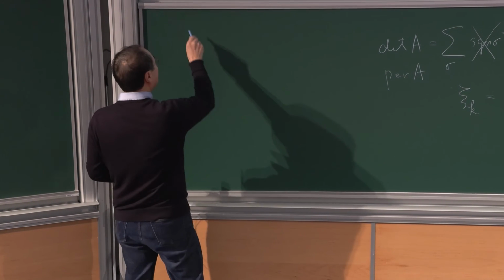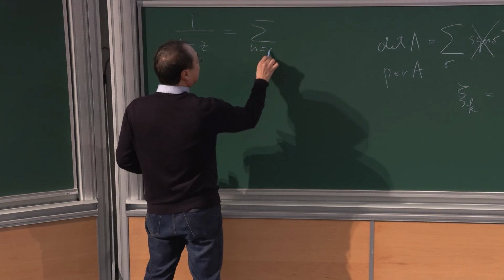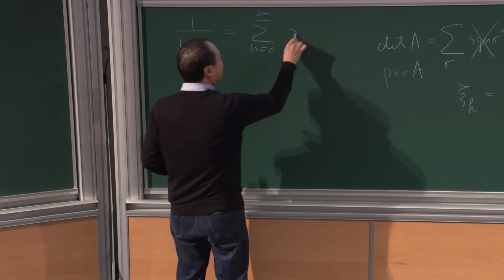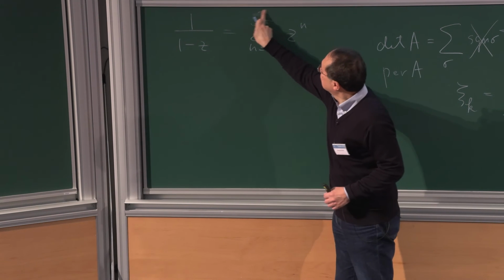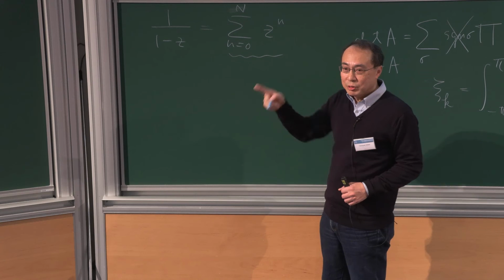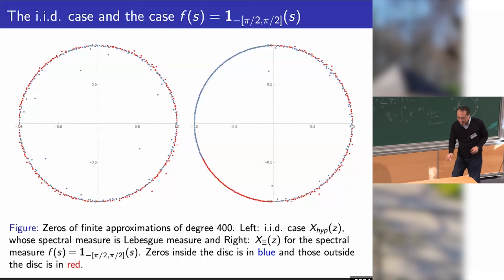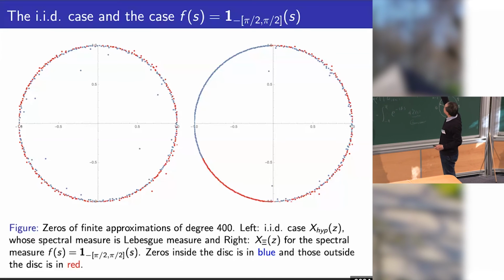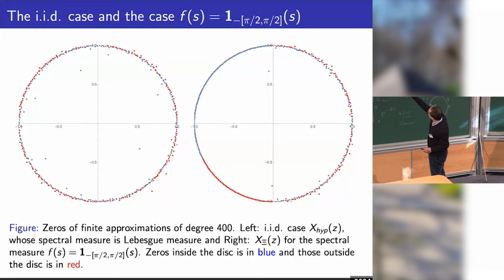If you take 1 over 1 minus d, this is just an infinite series, but if you cut it up to m, then this has many zeros on the boundary. So in the limit, you cannot see the zeros on the boundary, but there are very few zeros on the left-hand side.